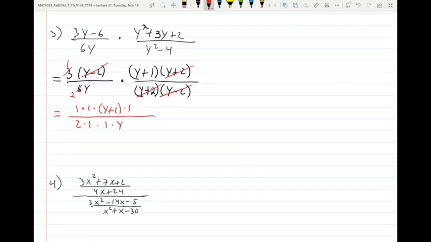So this y that I put here is this one that we didn't touch. Okay? All right, so what remains on top? Y plus 1. And what remains in the bottom? 2y. Questions? Do you understand this?